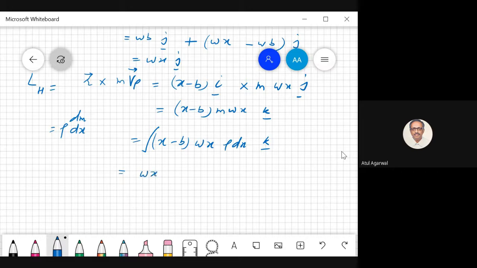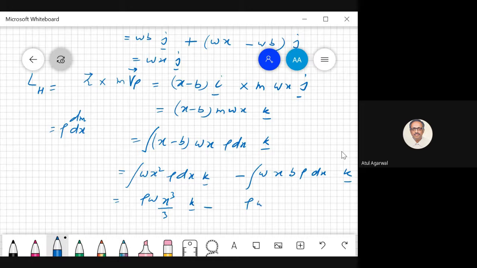Omega x square rho dx k minus omega x b rho dx. In case I make any mistake, you tell me. So this is nothing but rho omega x cube by 3 k minus rho omega b x square by 2 k, from 0 to b.